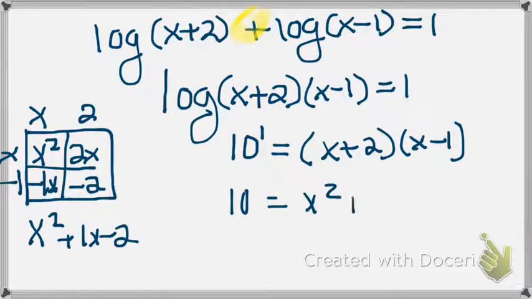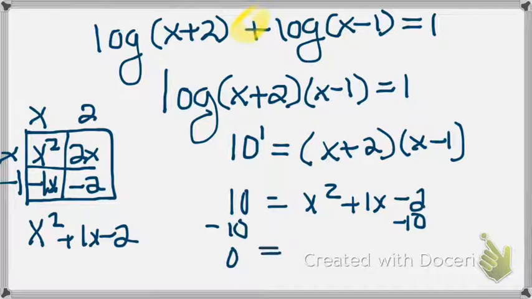X squared plus 1x minus 2. How do we solve a quadratic? Well, you guys, we need to subtract 10 from both sides. That becomes 0 equals x squared plus 1x minus 12.